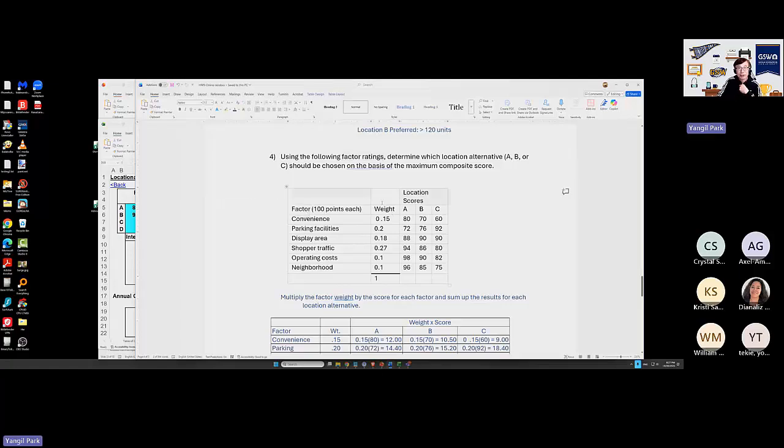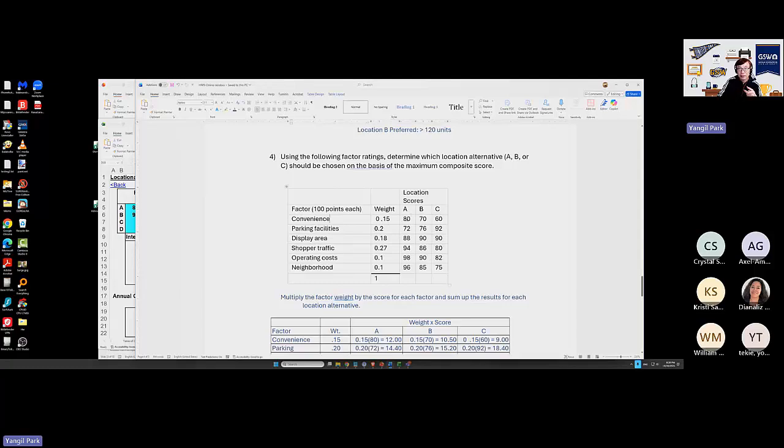Again, we have 3 locations, A, B, C, and we have some factors based on the score they're going to give. I don't know how they score, maybe from a survey or from the evaluators they have, but they give a score 0 to 100 based on those factors for each location.